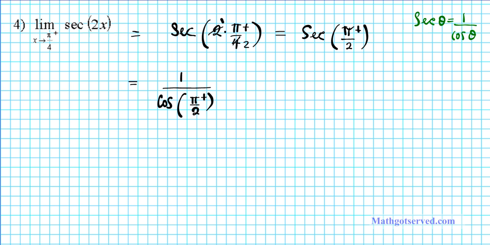Okay, so the question now is, as x gets arbitrarily close to pi over 2 from the right direction, what y value are we approaching and from what direction? To easily answer this question, let's go ahead and draw the sketch of the cosine function and closely examine what happens as x approaches pi over 2.